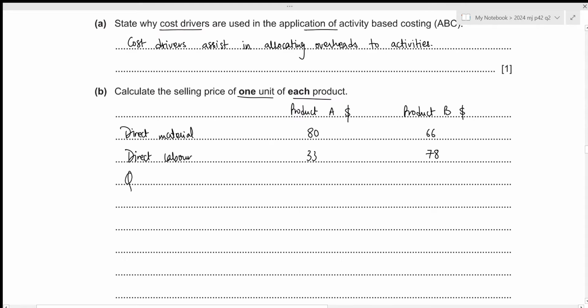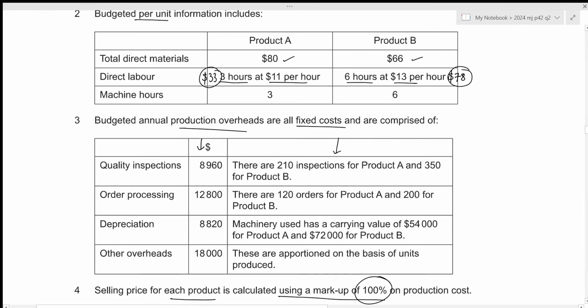Then we have our quality inspections. Let's take a look above. So the total of the quality inspections is 8,960, and 210 inspections is for product A and 350 is for product B. So the total number of inspections is 210 plus 350, which results in 560.